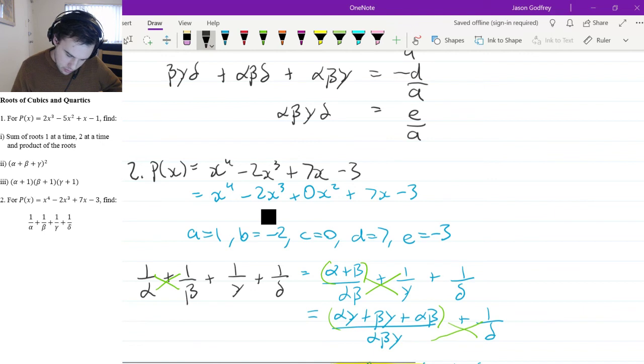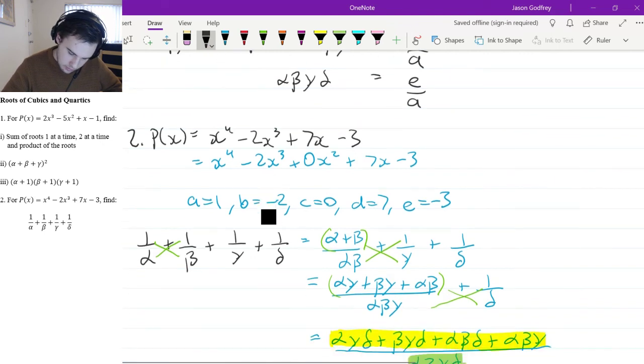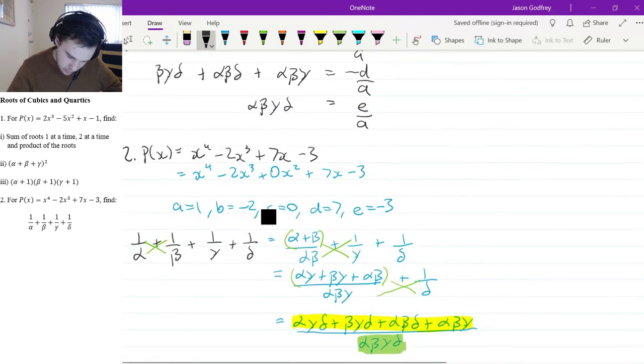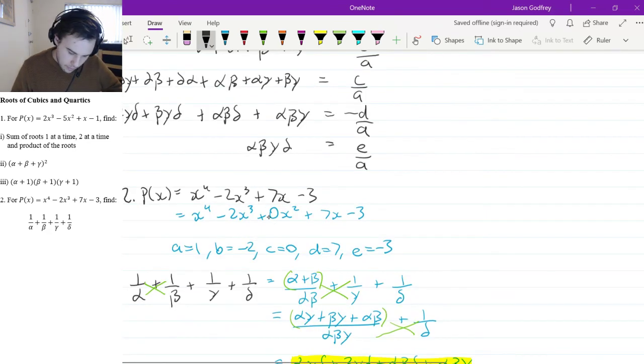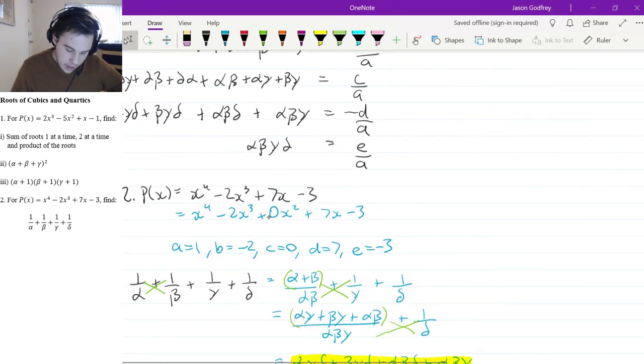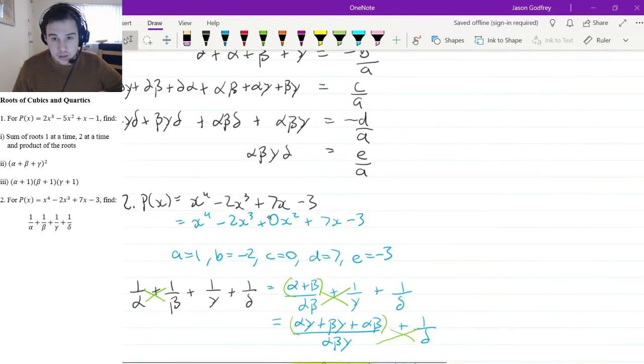They should all be written down here: alpha beta gamma, alpha beta delta, beta gamma delta, alpha gamma delta. So we're really using combinatoric knowledge from our last topic.